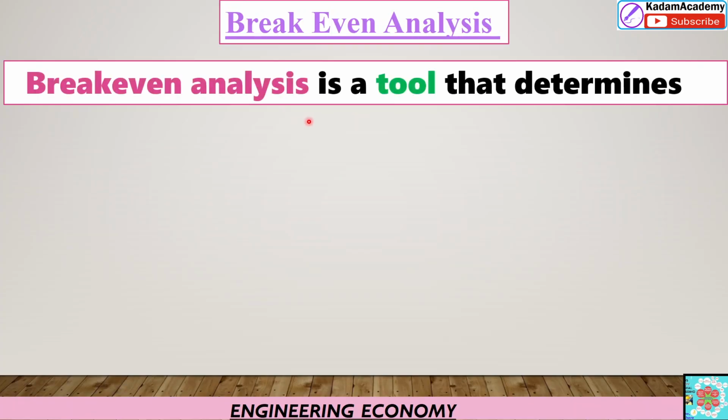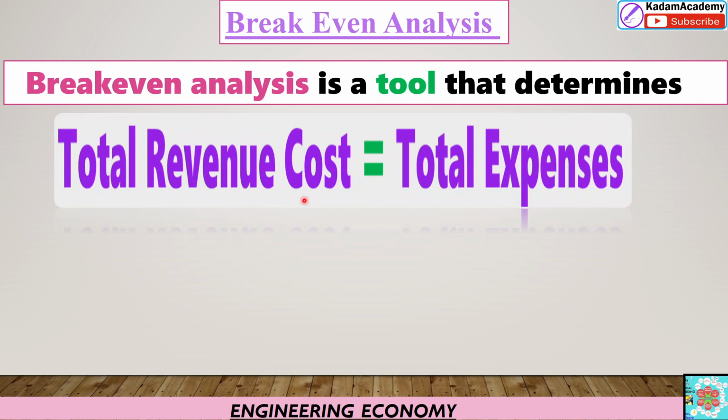So this break-even analysis is a tool that determines that level of operations where total revenue is equal to total expenses, or the cost required for the fixed, variable, or total cost.